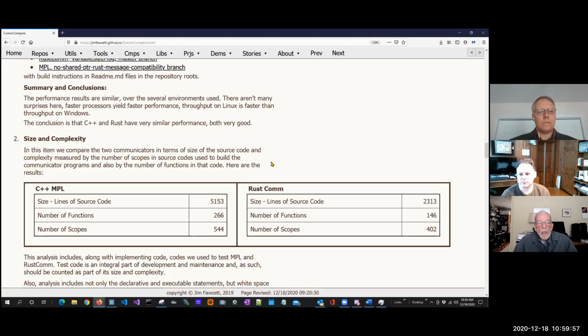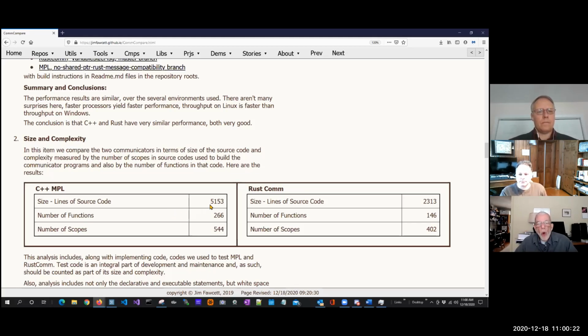In Rust, I'm counting my use of the TCP stream library. For MPL, I'm counting Mike's use of his MPL plus his MPL library, because we're counting all the code we had to write to do this application. So I thought it was a fair comparison. Very good. But keep in mind that that's the way it was.